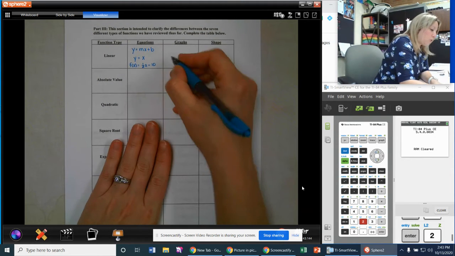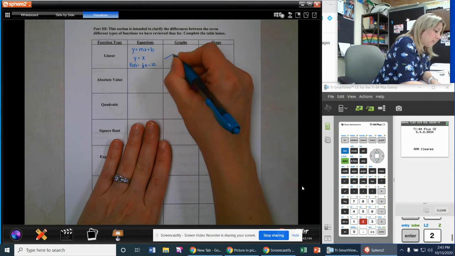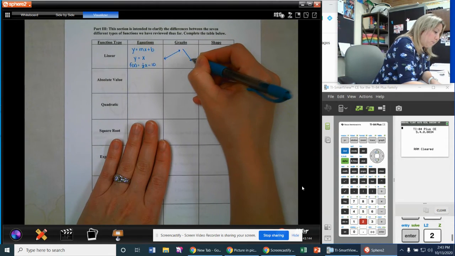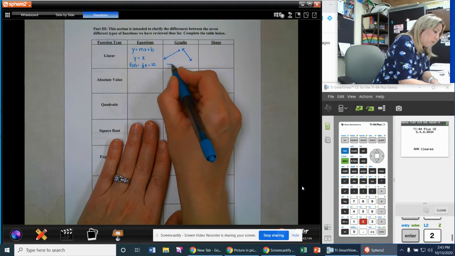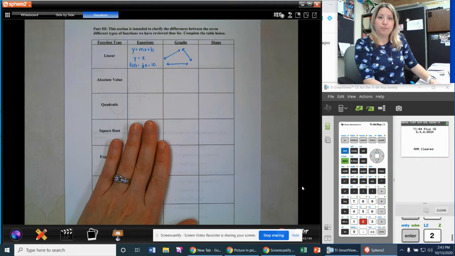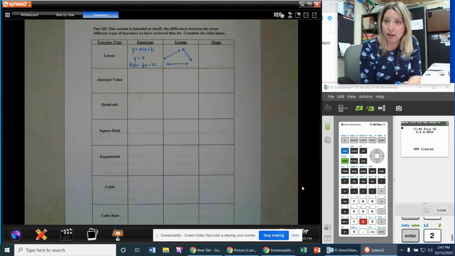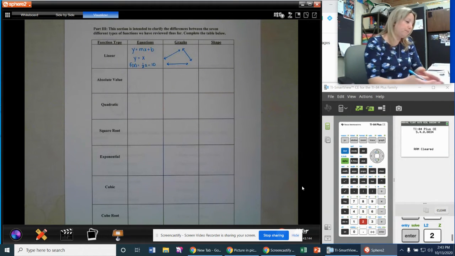Their graphs, of course: here's a positive linear slope, here's a negative linear slope, and here's a 0 linear slope function. Notice I didn't make a vertical line, because vertical lines are not linear functions. They're lines, they're not linear functions.